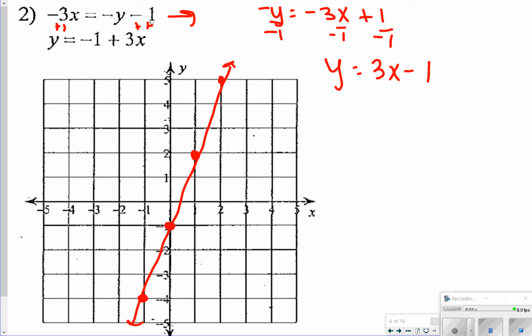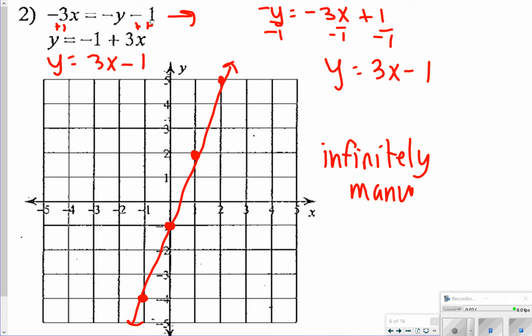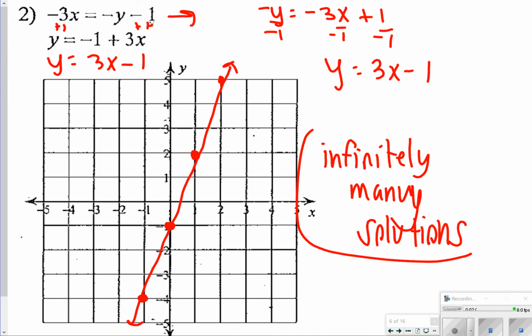And then the next one will also be 3x minus 1, essentially, if you rewrite this. So this one actually would be infinitely many solutions, just because it's the same exact line.